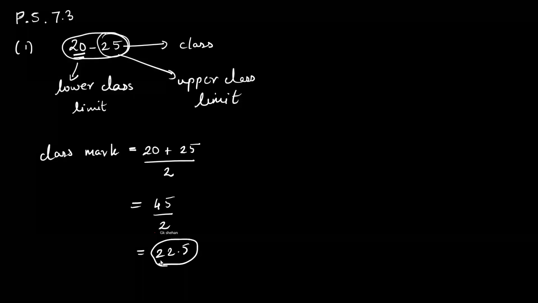Now let me try the same thing in the second question. Raise your hand if anybody wants to answer. Yes, sir. Good afternoon, sir. Good afternoon. Can you read the second question? Yes, sir. Find the class mark of the class 35 to 40. So if I want to find class mark?